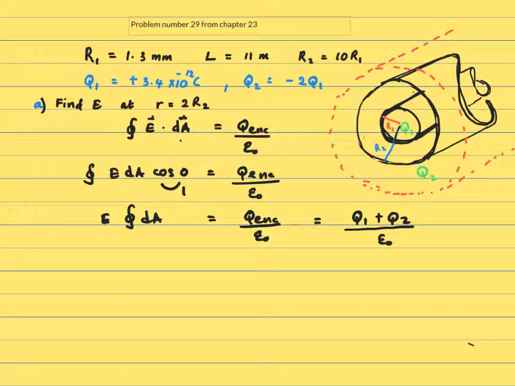And this side I have E times the area of the Gaussian cylinder, which is given by 2 pi r, actually the little r, let me erase that first.